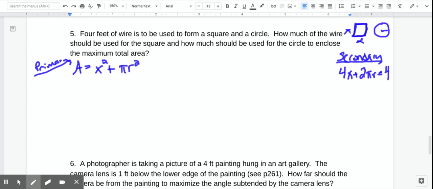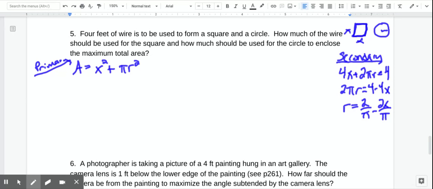It does not matter which one we solve for. I'm going to solve for r. So we have 2 pi r equals 4 minus 4x. And then I'm going to divide everything by 2 pi. So I get 2 over pi minus 2x over pi. I think that's right.